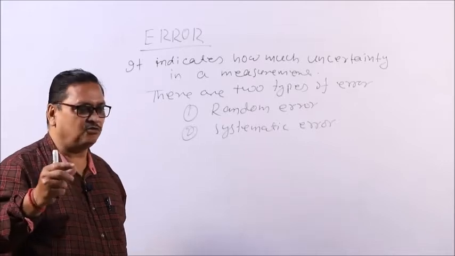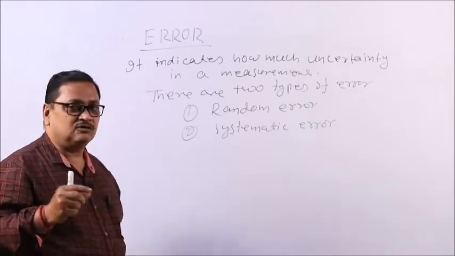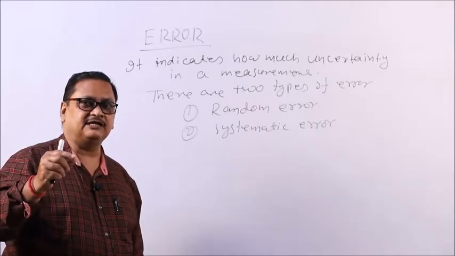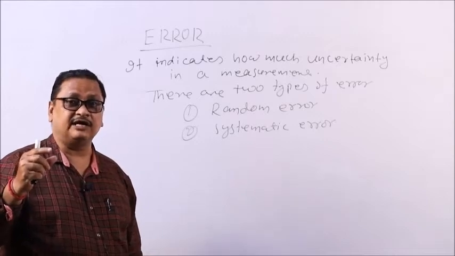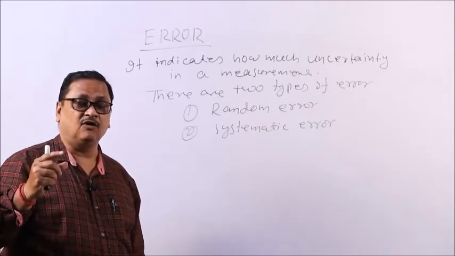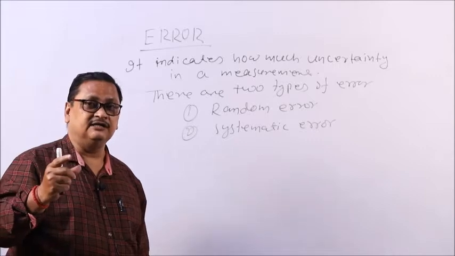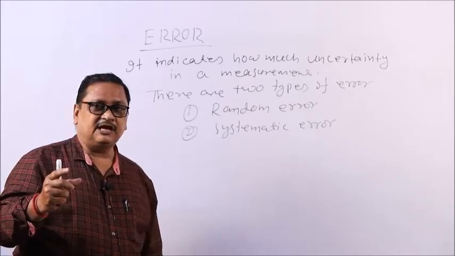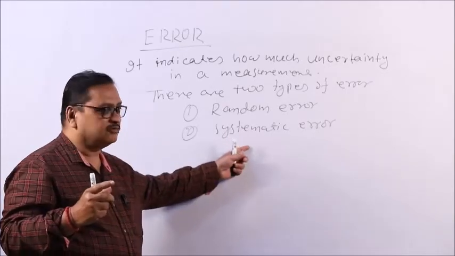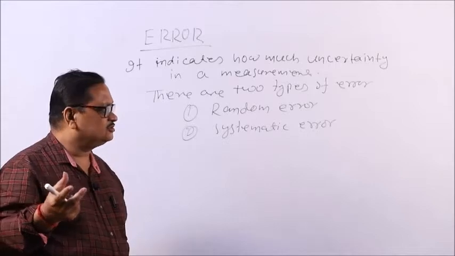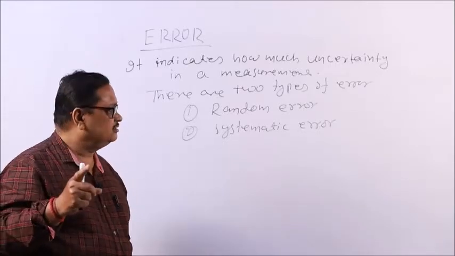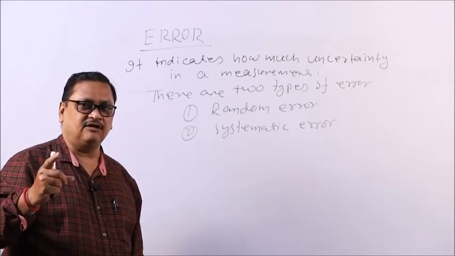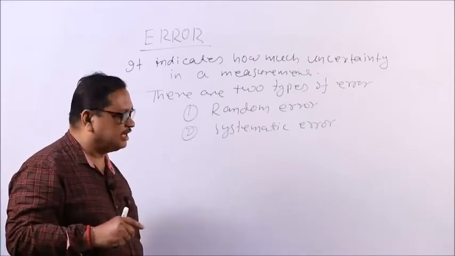So, when we are using that thermometer, suppose the final temperature is showing 100 degree Fahrenheit as body temperature. That means actually that is 99 degree Fahrenheit. This type of error is known as systematic error, because there is some manufacturing defect. So, that particular instrument will show 1 degree Fahrenheit excess in every reading. That is known as systematic error.